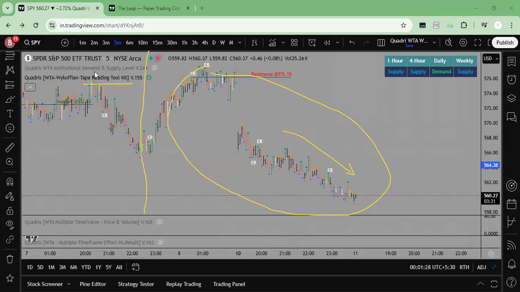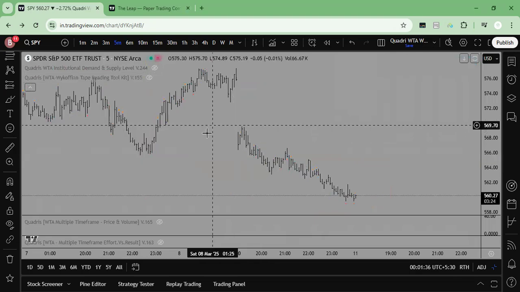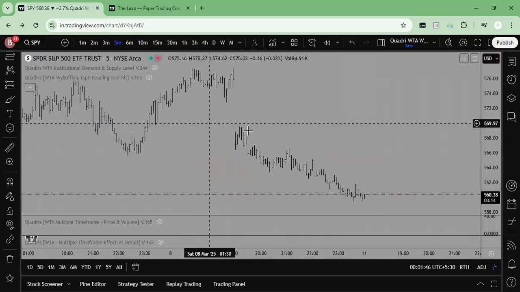First of all, this was the basic chart which I use to follow, that is the bar chart. I always follow bar charts. I don't trade based on candlesticks because they never resonated with me.